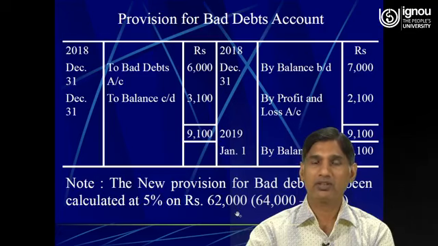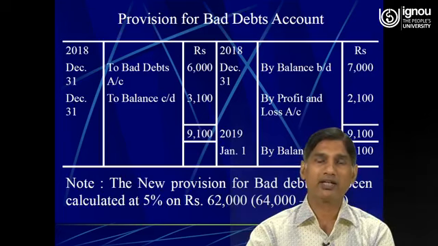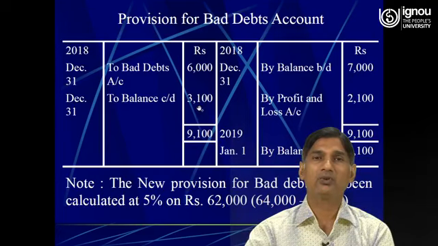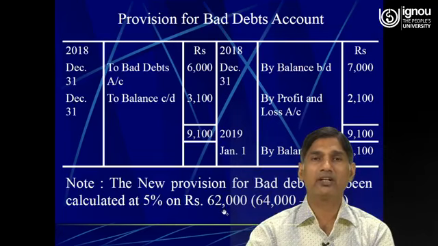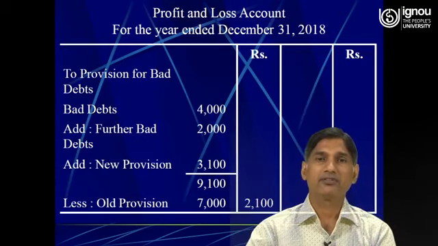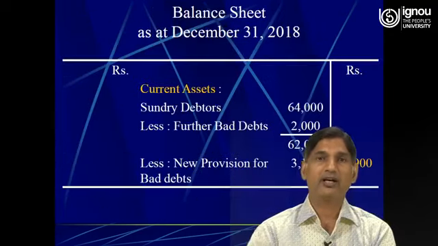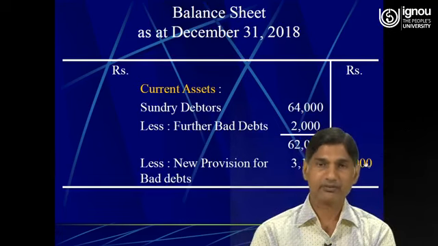So the net amount is 62,000, and out of 62,000 the new provision must also be subtracted, and the new provision is 3,100. Therefore the net amount of debtors would be 58,900, which must be shown in the asset side of the balance sheet, 58,900.